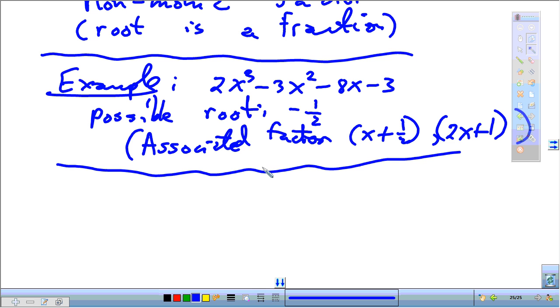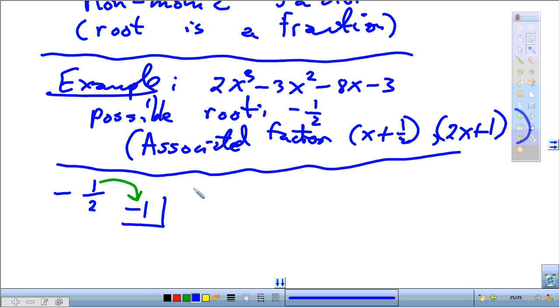So what we're going to do is look at the root minus 1/2. So let's write the minus 1, which is just the numerator from our possible root.